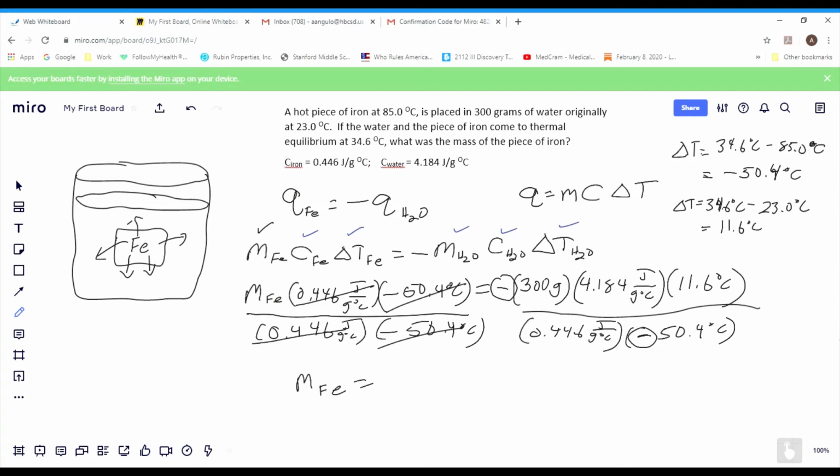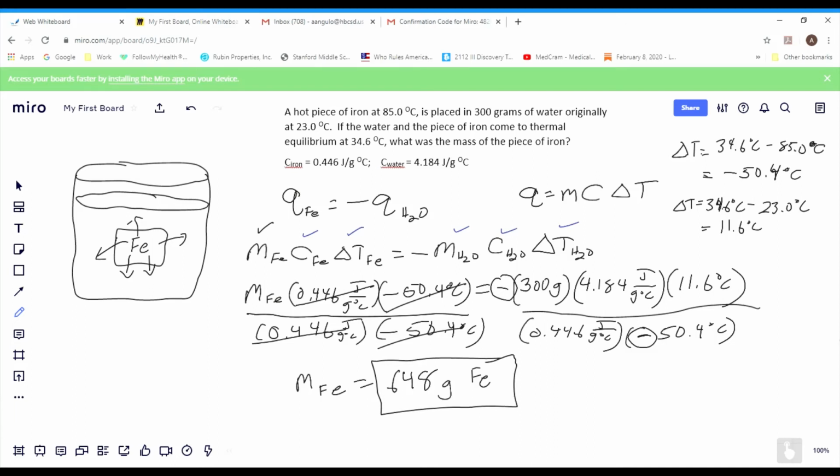And we end up with, let's try that again, plugging these into the calculator, 300 times 4.184 times 11.6 divided by 0.446 and divided again by 50.4 is going to give us 648. So now we have 648 grams of iron. And there's your answer.